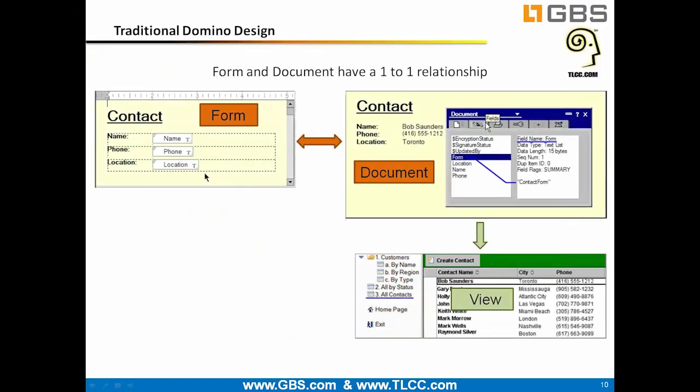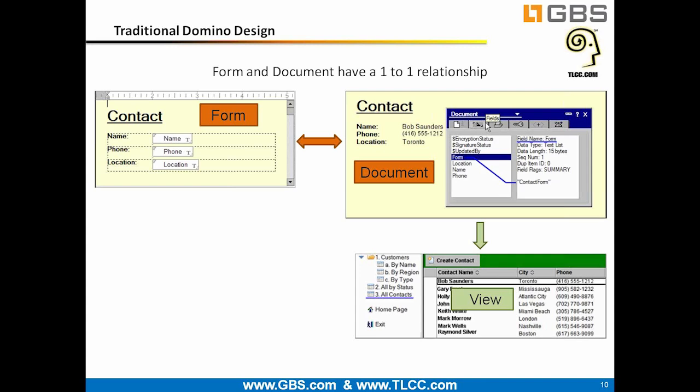Okay, so let's talk a little bit about our Notes and Domino applications. When we create a new application as designers, we typically start off with a form. Those forms are templates that our users use to create documents. Documents is where all the data is stored.